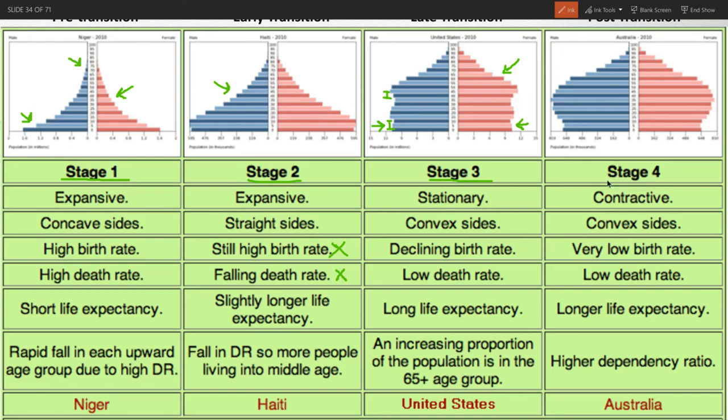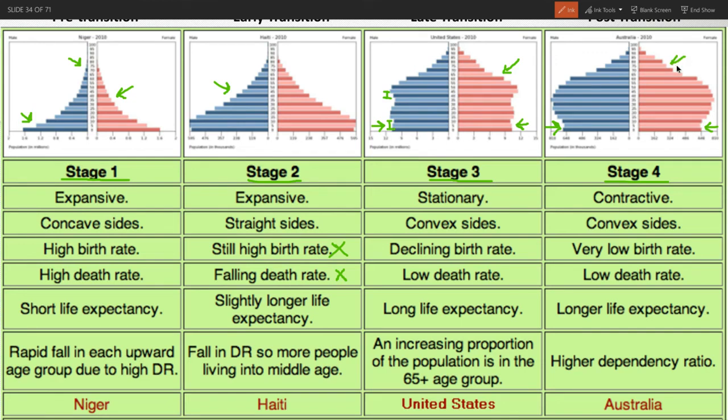Further crossover when we get into stage 4 occurs in the low stationary stage, where we start to see birth rates continue to decline to the point where there's actually fewer people being born, and the majority of the population living to be older.